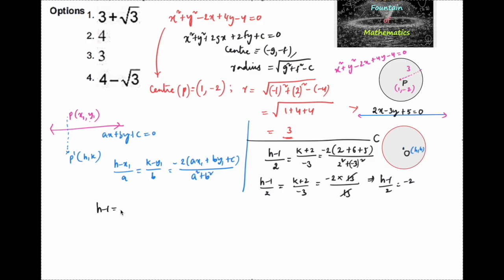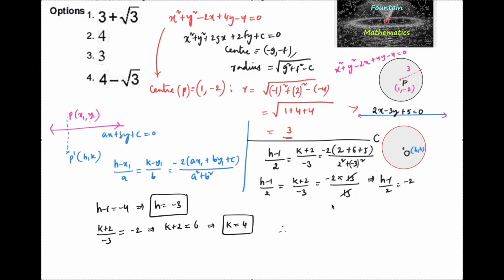So we can write h minus 1 is equal to minus 4. So h is equal to minus 4 plus 1, that is negative 3. And similarly, k plus 2 upon negative 3 is equal to minus 2, which implies k plus 2 is equal to 6. So k is equal to 6 minus 2, which is 4.